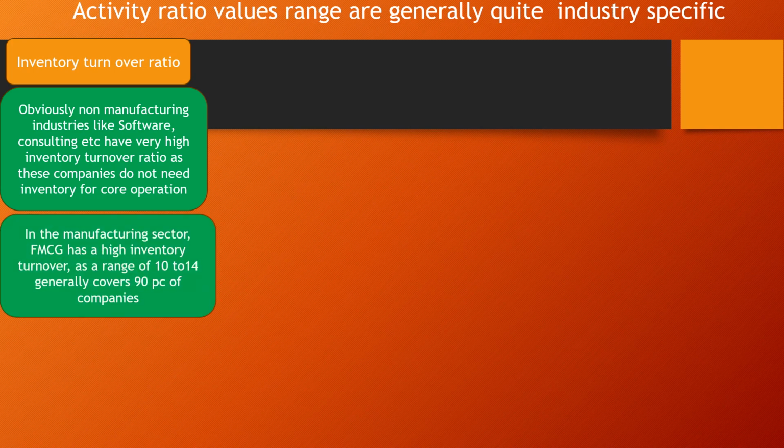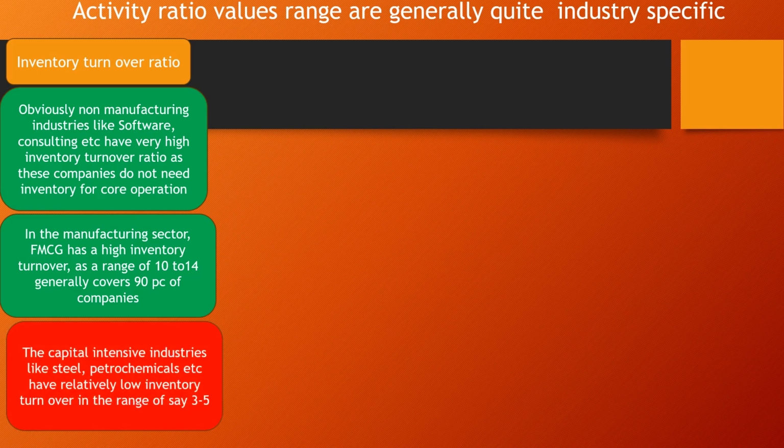In the manufacturing sector, FMCG has a high inventory turnover ratio, as a range of 10 to 14 generally covers 90% of the companies. The capital intensive industries like steel, petrochemicals have relatively low inventory turnover ratio in the range of 3 to 5.